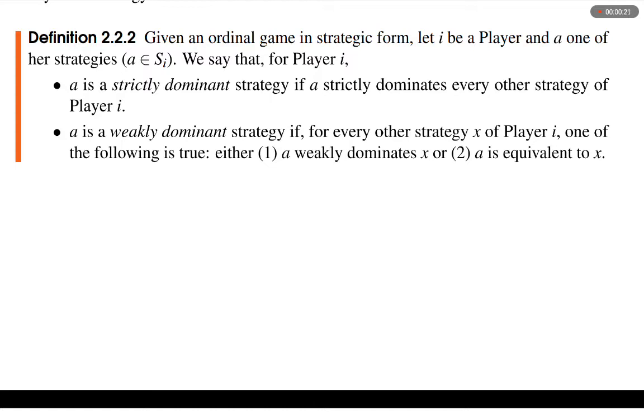We say that for player i, a is a strictly dominant strategy if a strictly dominates every other strategy of player i. a is a weakly dominant strategy if for every other strategy x of player i, one of the following is true: either 1. a weakly dominates x, or 2. a is equivalent to x.